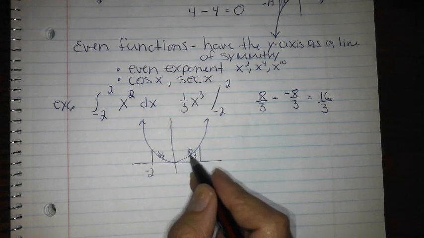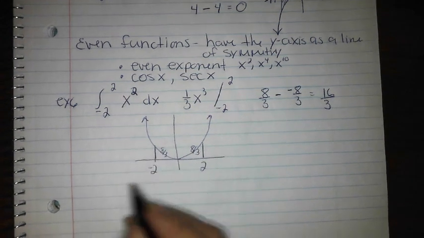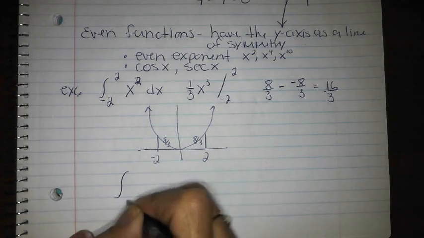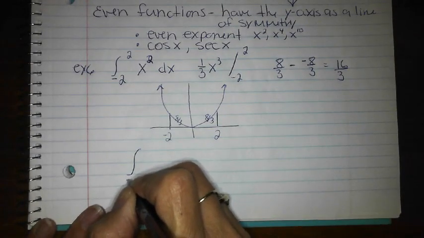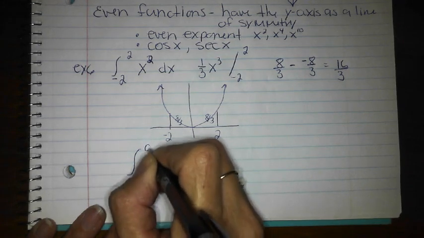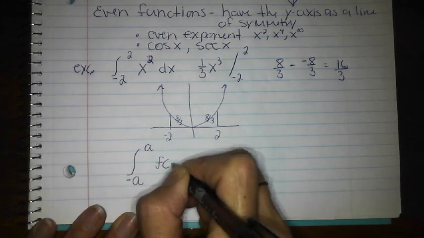So the shortcut for even functions, you can, let's go -a to a of f of x.